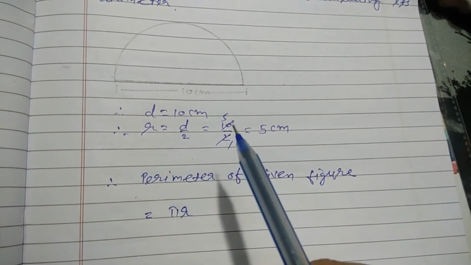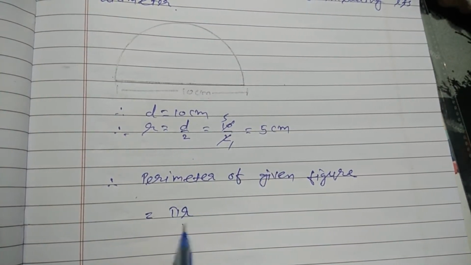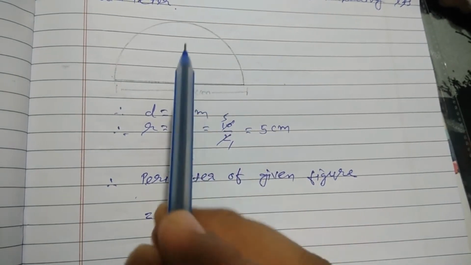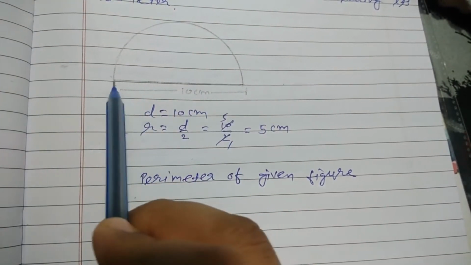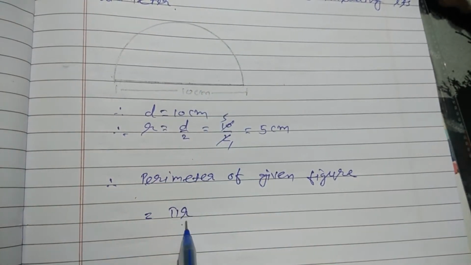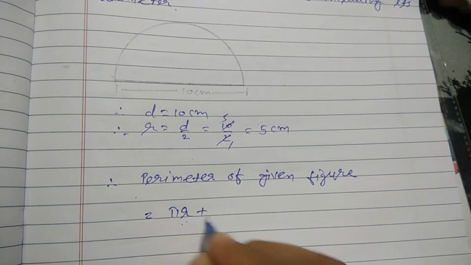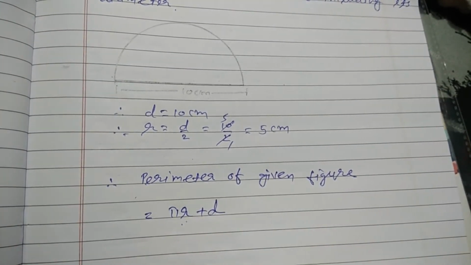Circumference of a circle is 2 pi r, so half of the circumference is pi r. And in this figure the diameter is also included, so we have to include this also in the perimeter of this figure, that is nothing but pi r plus d.